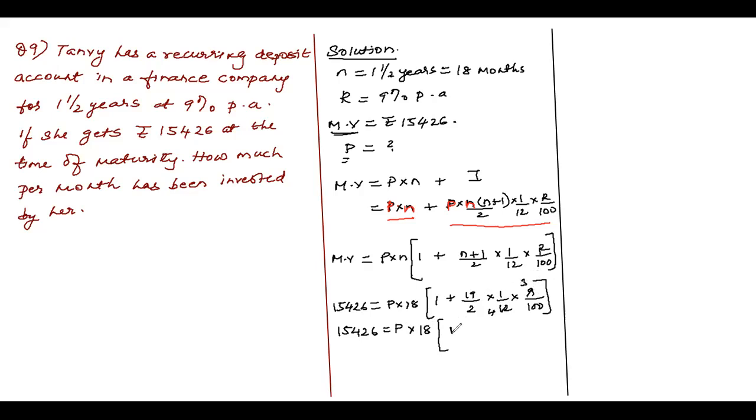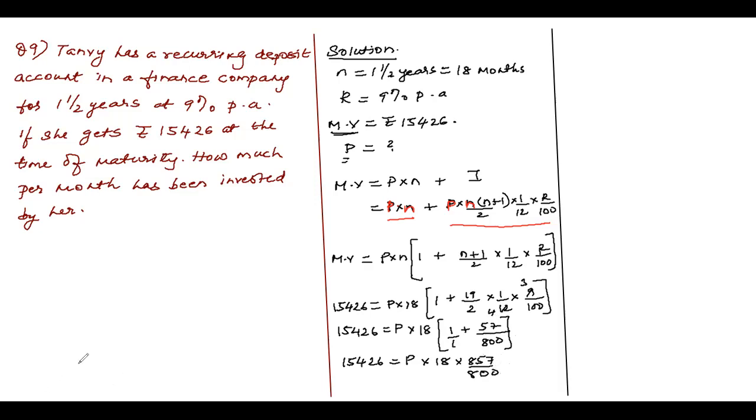So 1 plus, inside the bracket, 3 into 19, 57, the whole thing upon 800. When I told you, inside this bracket I simplify. 15,426 is equal to P into 18 into, inside the bracket, 857. Cross multiply: 800 plus 57 upon 800. That is 857 upon 800.